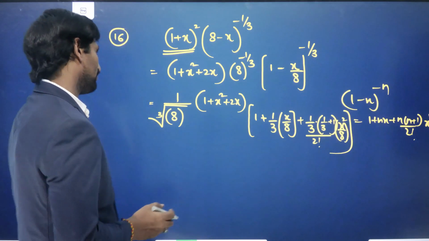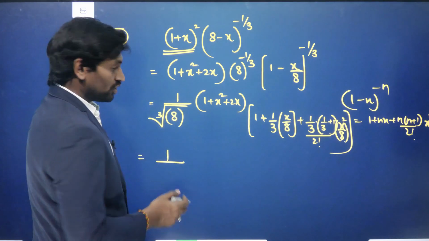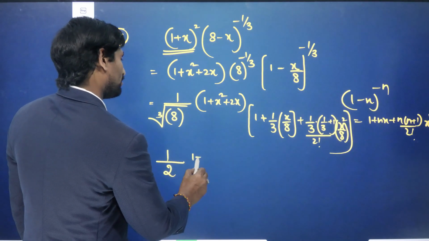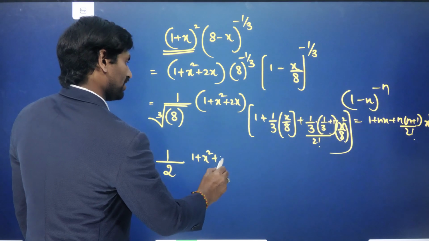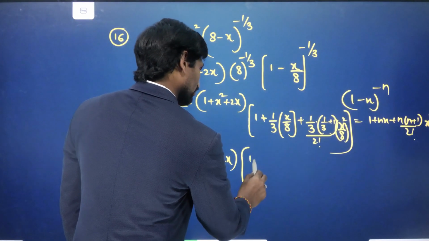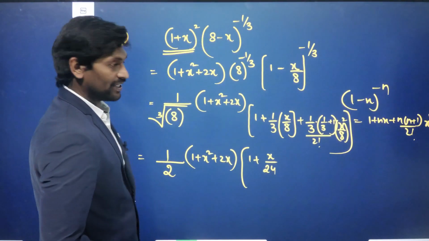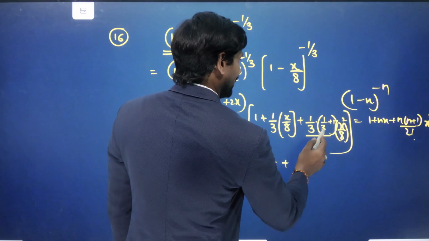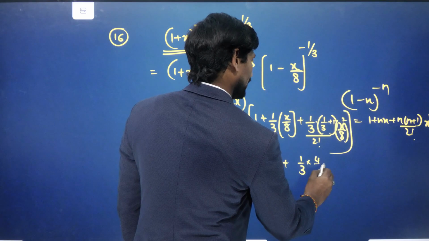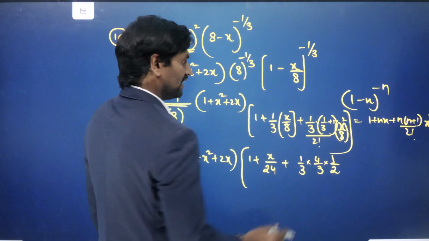Let us see this one. 1 by 8 is nothing but 1 by 2, cube root cancels, denominator 2 will be as it is. Then what is remaining? 1 plus x square plus 2x, and here this will be 1 plus x by 24 plus 1 by 3 into 4 by 3, and 2 factorial means 2 only.